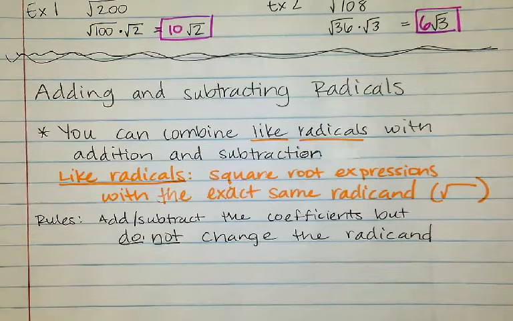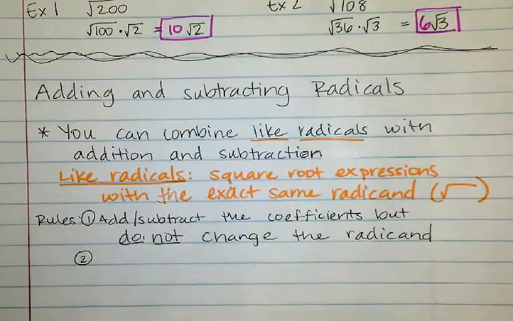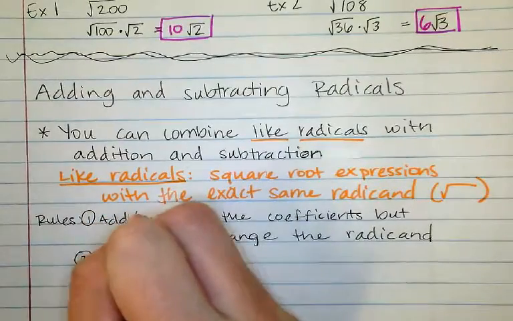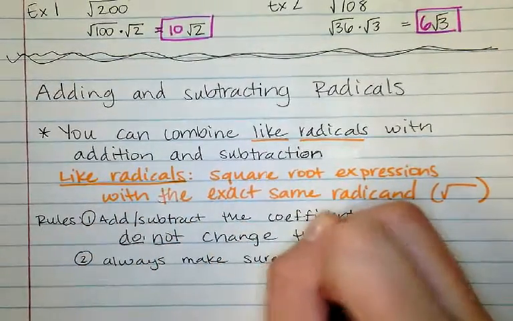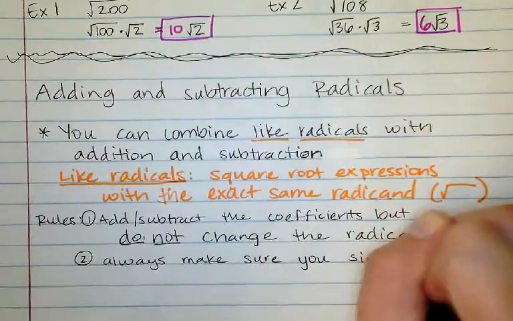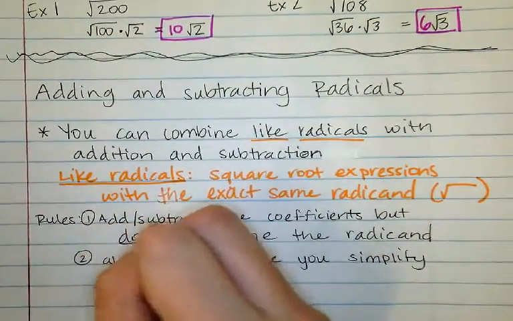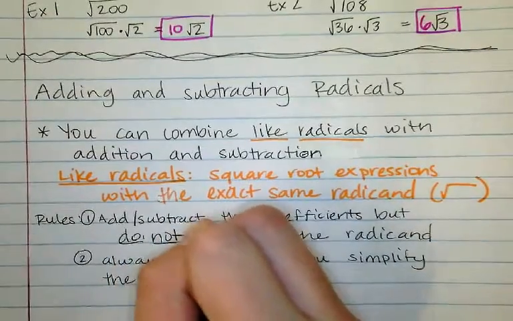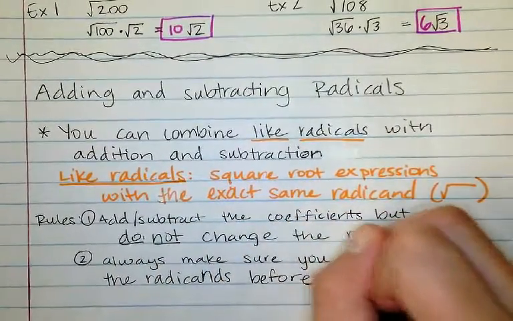Sorry, y'all. And then, kind of a sub-rule, so I guess this is rule number 1. And rule number 2 here is that you always make sure you simplify the radicals or the radicands before adding or subtracting.